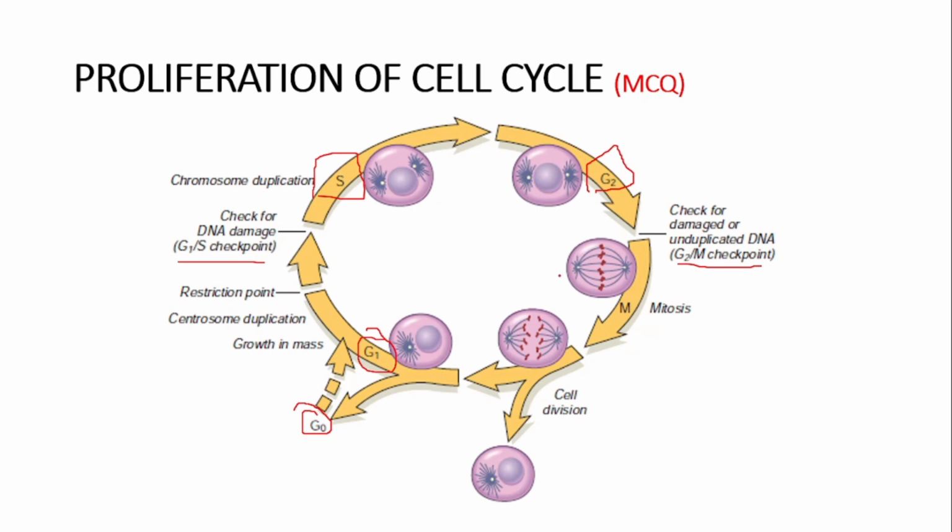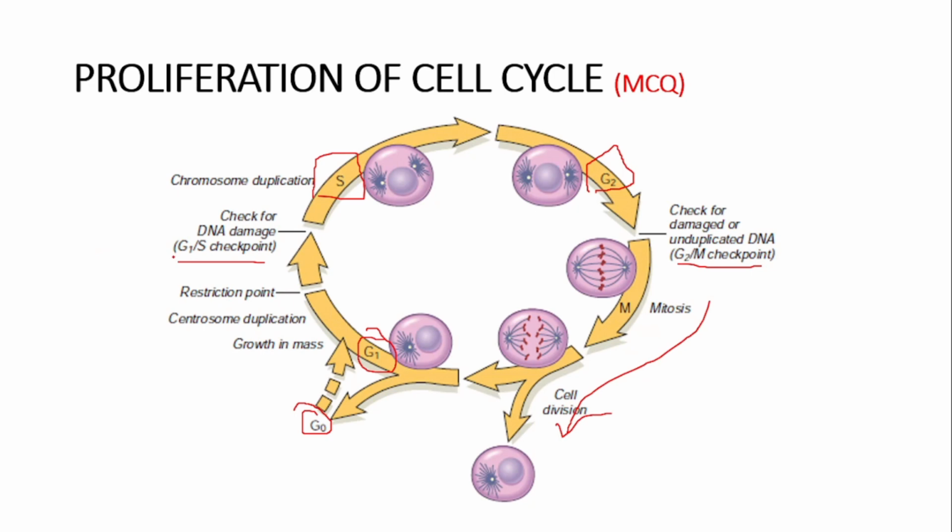If there is no abnormality seen in both checkpoints, then the cell will undergo cell division. But if there is any abnormality in the cell cycle, then the cell cycle progression will be delayed, and first it will enter into the DNA repair mechanism.